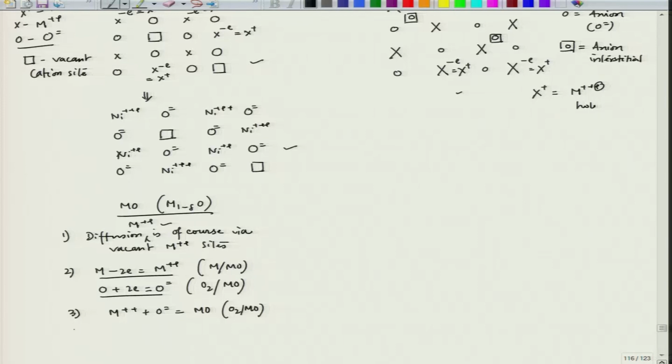In this case the charge movement happens via exchange mechanism, which is nothing but M plus 2 and M plus 3.